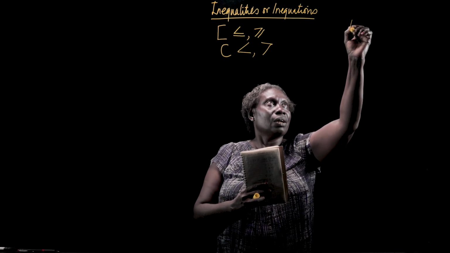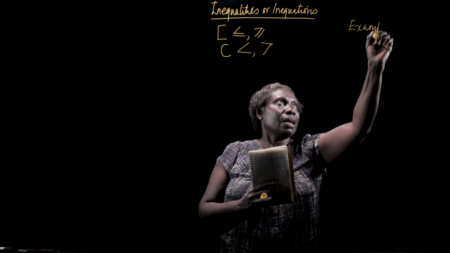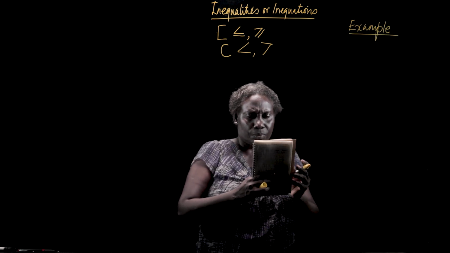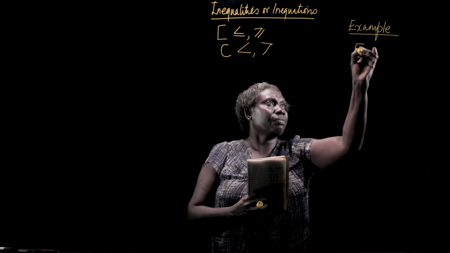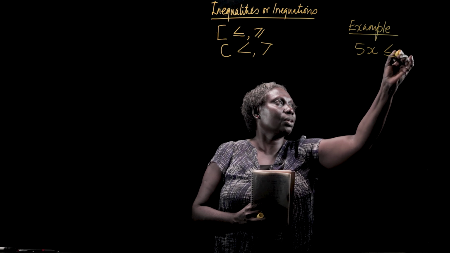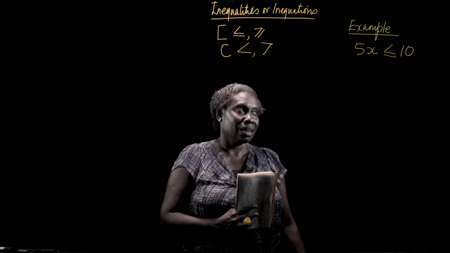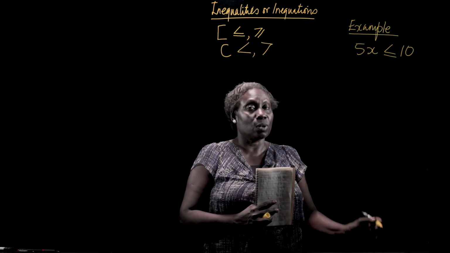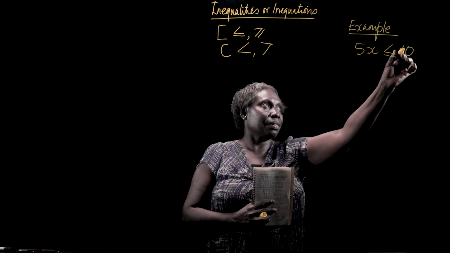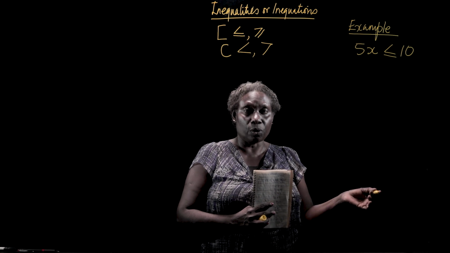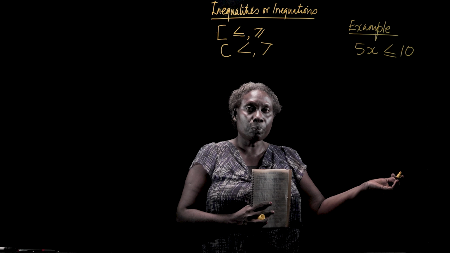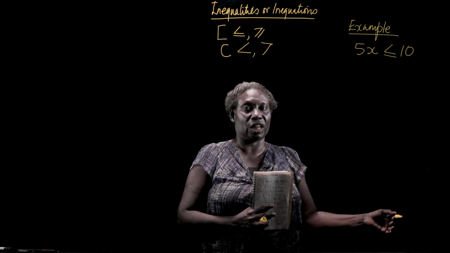Okay, we have an example. 5x is less than or equal to 10. When we have an inequation like this, we use the normal way of solving equations, where we add, subtract, multiply, and divide on both sides of the equation.